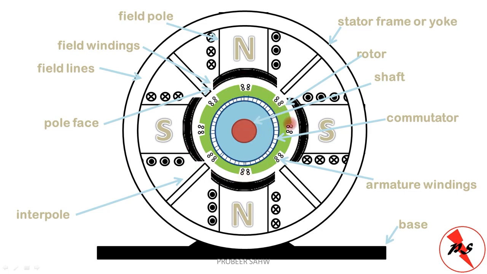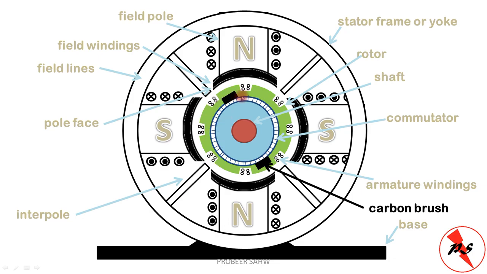On the rotor's outer periphery we have slots in which we have the armature winding, and apart from this we have a commutator. The role of the commutator is to collect current from the armature winding and pass it to the outer terminals. Now we put carbon brushes on the commutator.